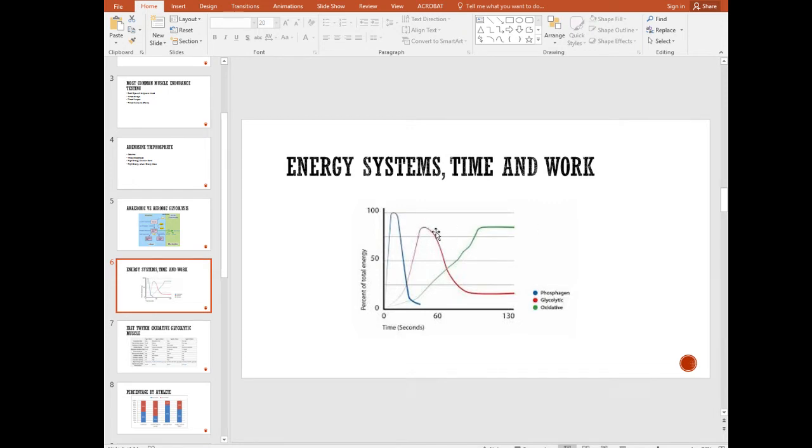The anaerobic system's having to kick in. And the anaerobic threshold is that point at which the aerobic system cannot keep up with the demands because the intensity is too high, and the anaerobic system has to kick in to help out. Now that can only be sustained for a short period of time, but I just want you to understand that these energy systems work together.